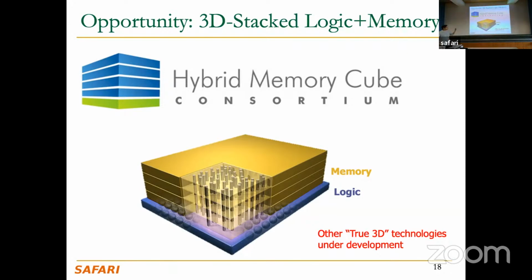Not only this one, which corresponds to HMC, we also have another standard, the high bandwidth memory, HBM, which indeed has been more successful over time. HBM is widely used by multiple vendors like AMD, Nvidia, Xilinx as well, and for FPGAs.